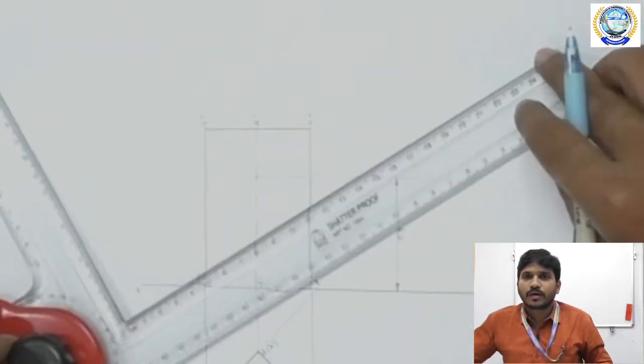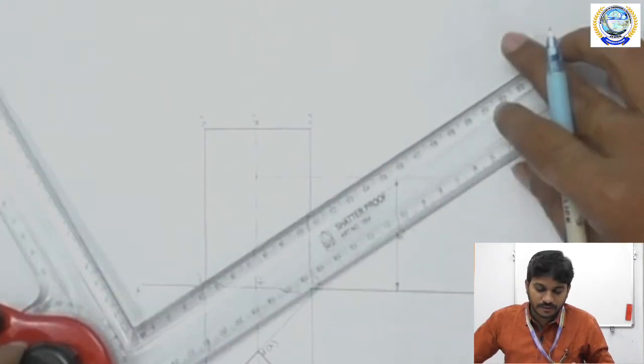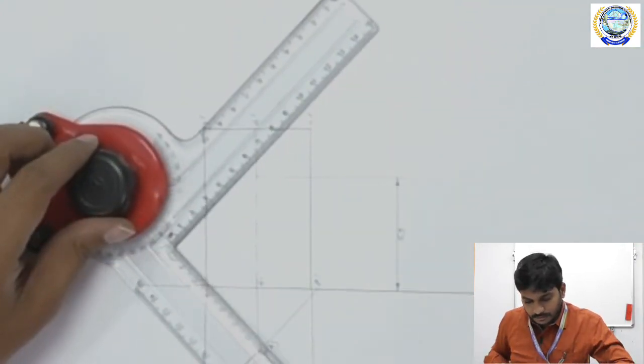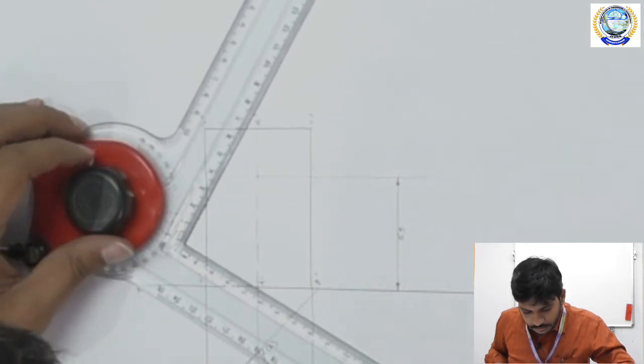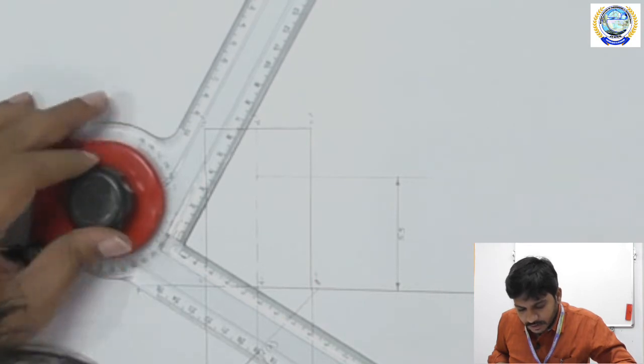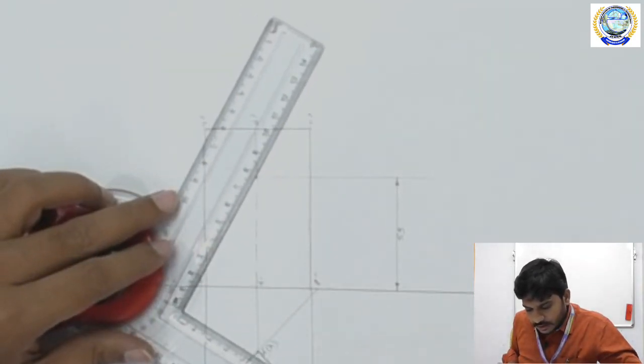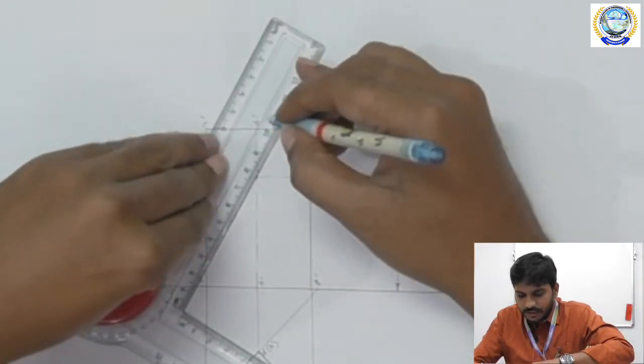So now I am going to draw a sectional plane at an angle of 60 degrees with the HP. This is the section plane, passing through an angle of 60 degrees with the HP.